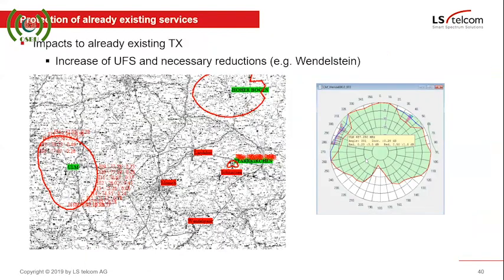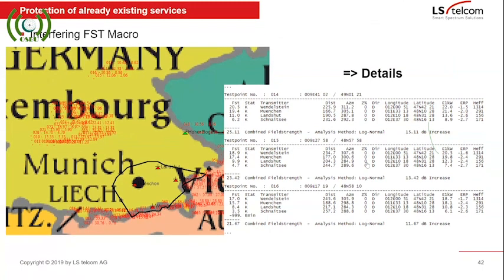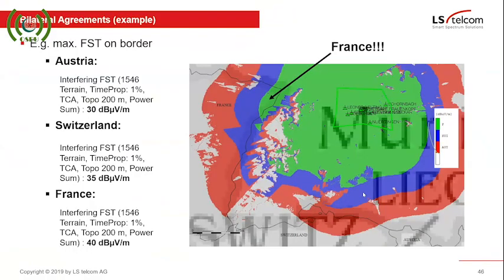So in your case there can be different agreements, because, as you can see at the top there, these are bilateral agreements. If you're in Germany, you've got a certain level that's defined between the countries.